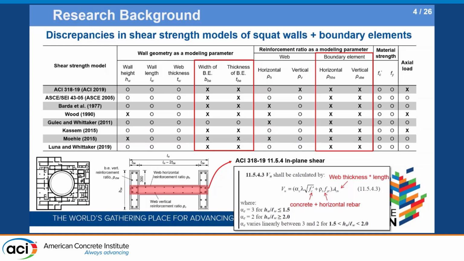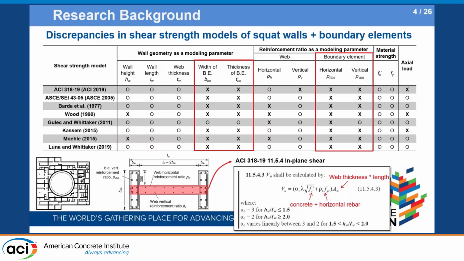In the table, you can see the large discrepancies between the equations. Basically, the squat walls in nuclear power plants have boundary elements, and they transfer lateral loading by a strut-type mechanism. All of the equations consider vertical rebars in walls, except for ACI. ACI still considers horizontal bars only.